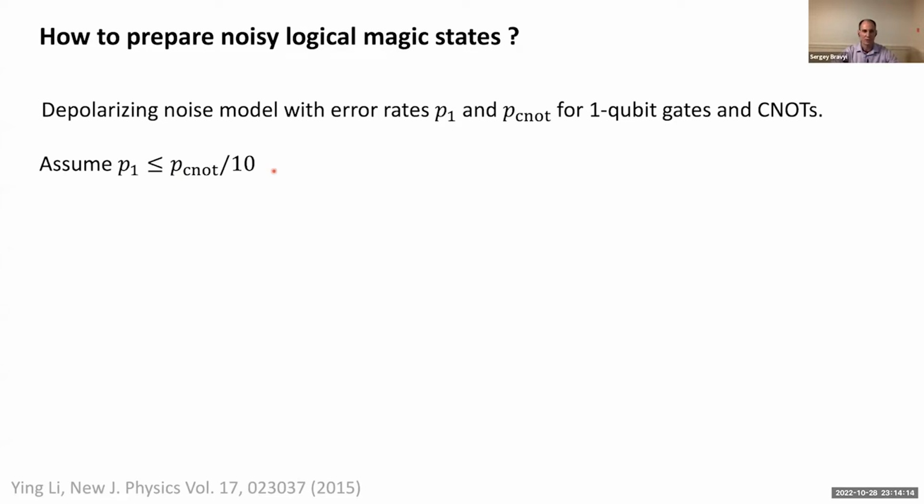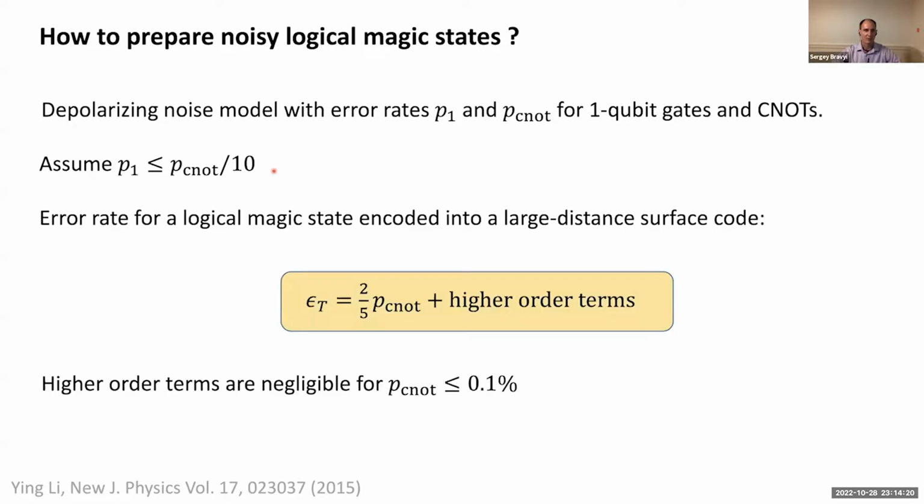And this is a reasonable assumption, at least in the case of superconducting qubits. And this paper shows that one can prepare a logical magic state encoded by the surface code with the error rate roughly 2/3 times P CNOT. And this constant coefficient does not depend on the code distance as long as the distance is large enough.